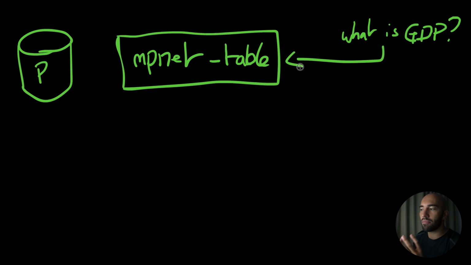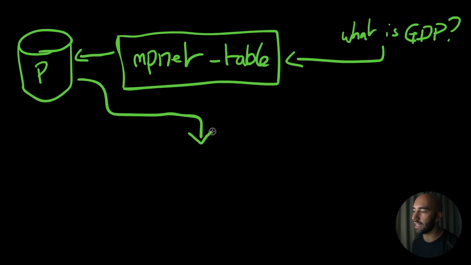And that vector represents the meaning behind that question. So that MPNet encoded vector goes into our vector database. Our vector database then returns relevant tables, which have also been encoded by that MPNet table model, and it returns them to our next model, which is going to be a table reader model.